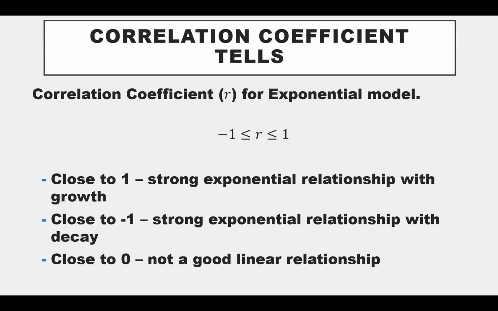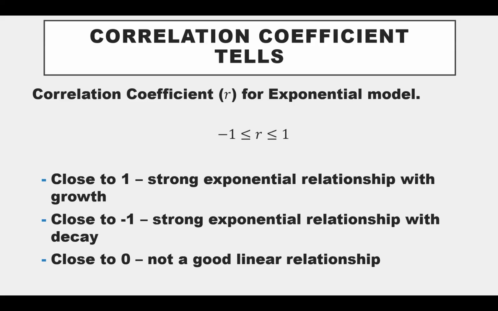Now, if we're looking at the correlation coefficient R between -1 and 1, just like in the linear case, we have a strong relationship if R is close to -1 or close to 1. And we have a bad relationship if R is close to 0. In the exponential model, if R is close to 1, then it's a strong exponential relationship with exponential growth.